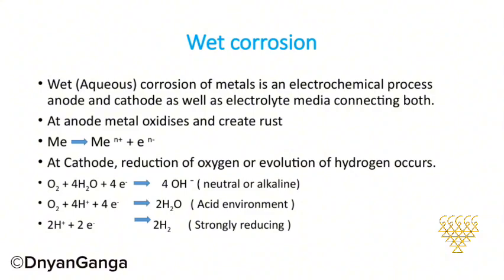All of these reactions highlight how complex and dynamic wet corrosion is. It's fundamentally driven by electrochemical processes, which means understanding these reactions helps us better predict and prevent corrosion in real-world scenarios. This ties into our overall theme of how to protect metals and extend their lifespan in various environments.